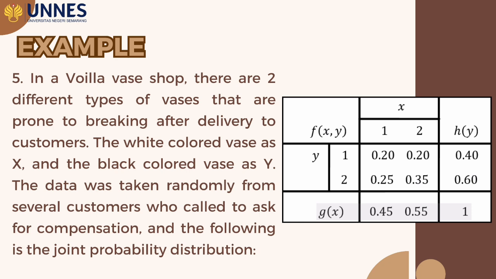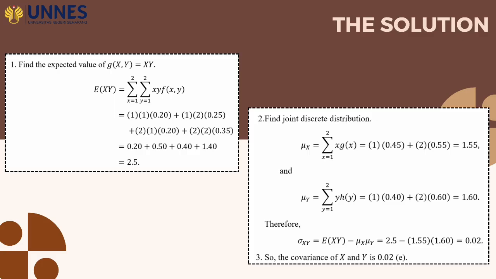So here we have the table of joint probability distribution. We have X and Y here, X and Y are from 1 until 2, and we have g(x) for X and h(y) for Y, and the sum of f(x,y) equal 1. Okay, so here we have the solution of that problem.